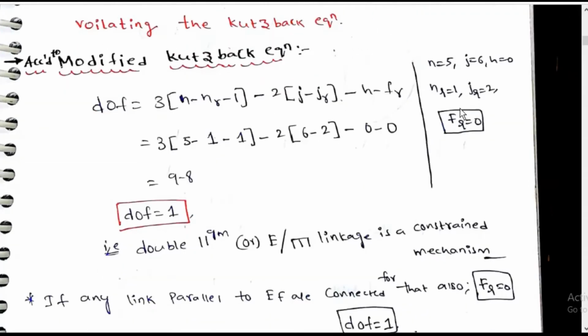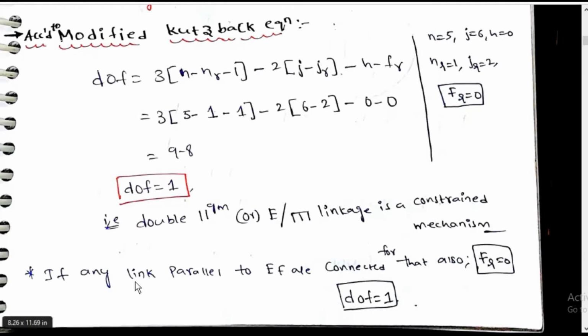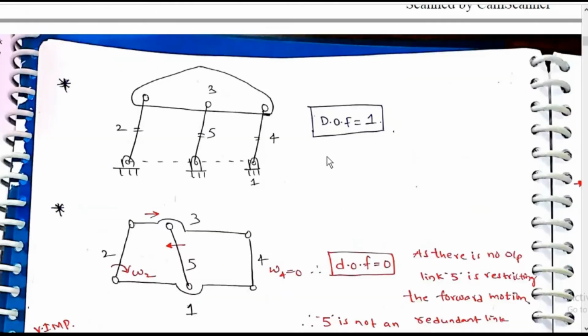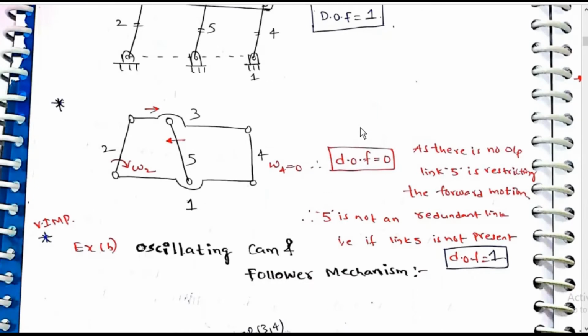FR is equal to 0. Double parallelogram linkage or this linkage is a constrained mechanism. If any links parallel to EF are connected also, for that also FR is equal to 0, degrees of freedom is equal to 1. Here these three are parallel. If you calculate, degrees of freedom is equal to 1.